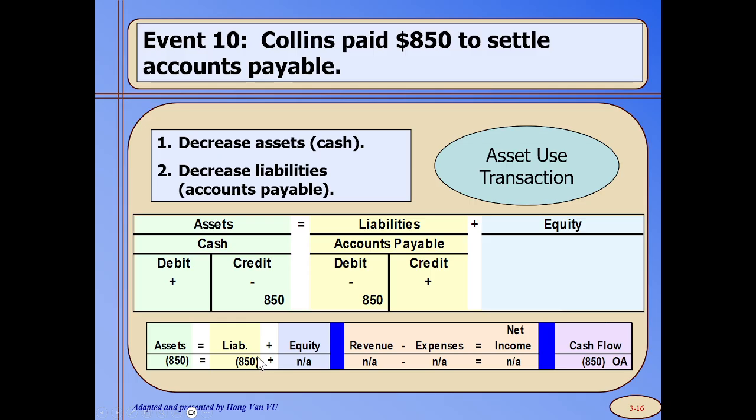It means that accounts payable decreases by 850. No impact on the income statement, but the cash flow statement records an $850 US dollar cash outflow from operating activity.